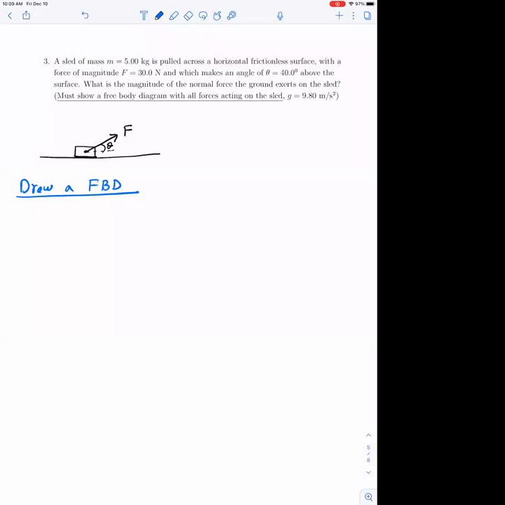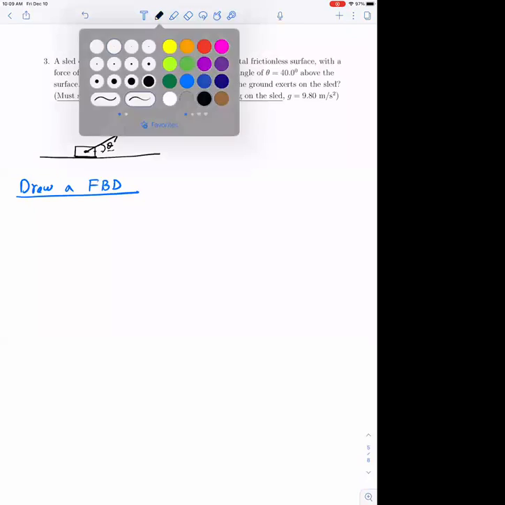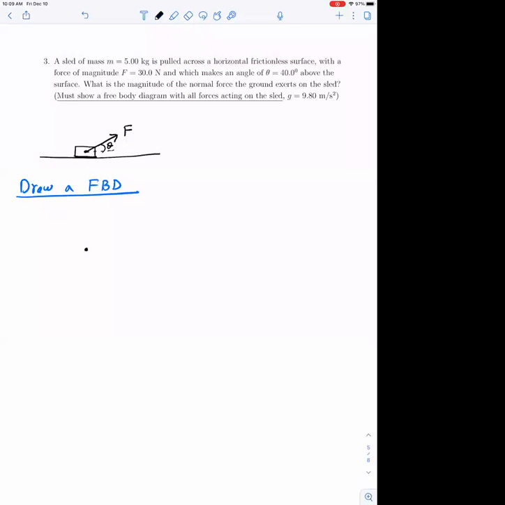So don't draw the ground, don't draw a person pulling on it. You're drawing a free body diagram for the sled. So you can represent the sled as either a point or a box or something like that. In this case, let me just go ahead and represent it as a box.